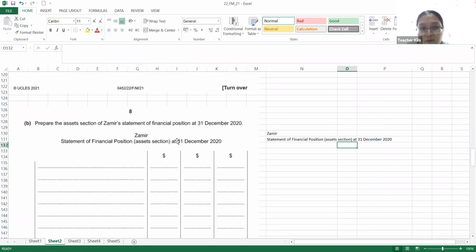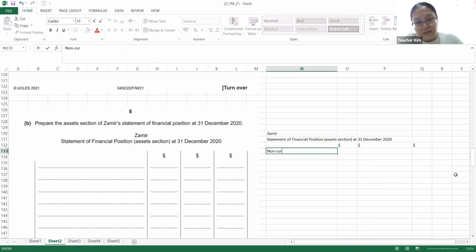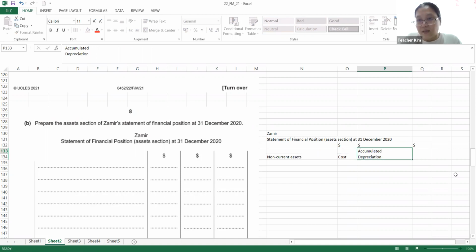They purposely give you 3 columns. They want you to show 3 sections for the non-current asset. Here is your cost. Here is your accumulated depreciation. Whereas here is your net book value.